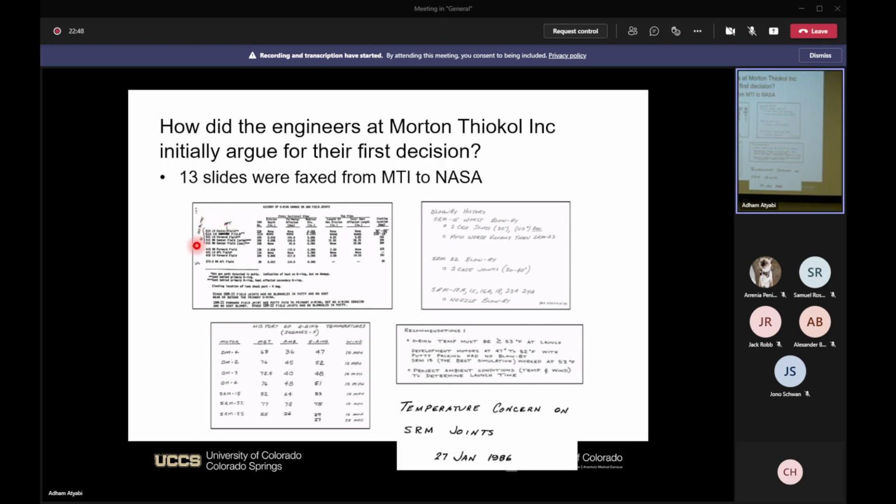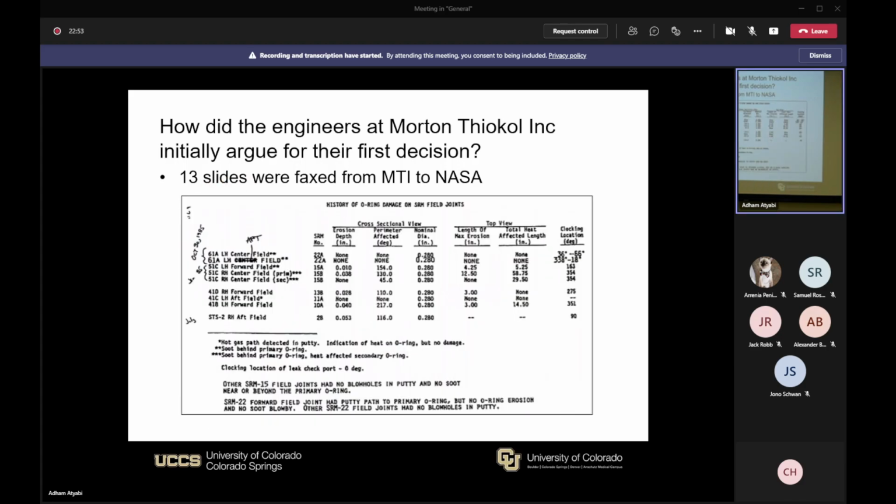Now we're going to go and see this one. So the second chart, which we see a low version of in here, goes directly to the immediate threat to the shuttle by showing the history of the O-rings on launches prior to the Challenger.